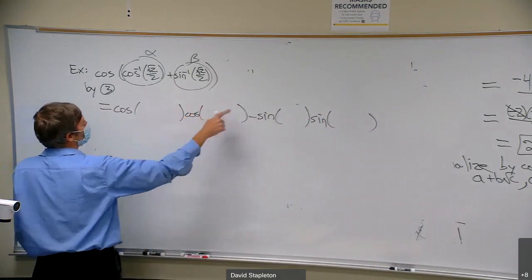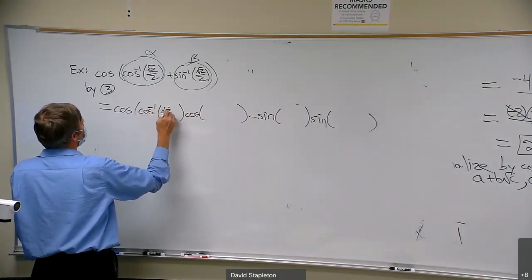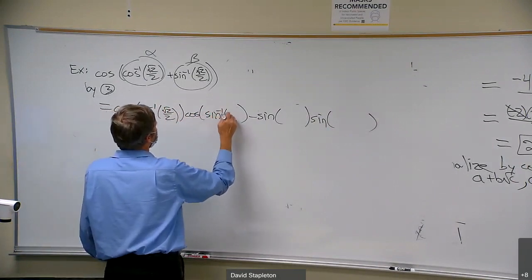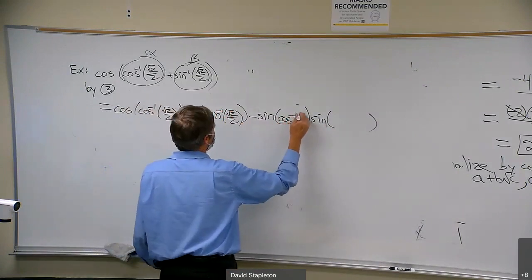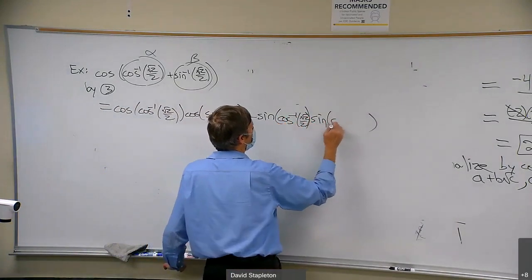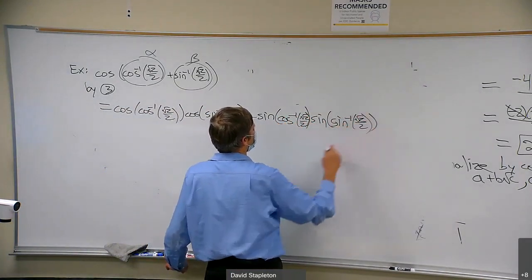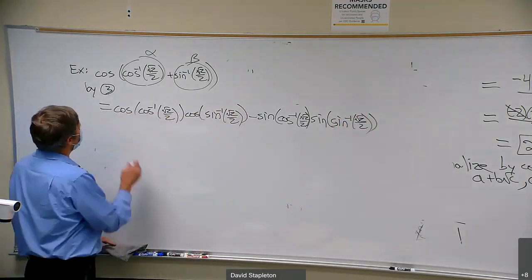Or I put in alpha, beta. This is just a complicated alpha and beta. So arc cosine square root 2 over 2, arc sine square root 2 over 2, arc cosine square root 2 over 2, arc sine square root 2 over 2. Alpha, beta. And now I can do it because cosine of the arc cosine of square root 2 over 2 is what?